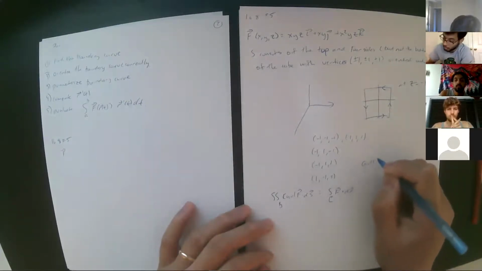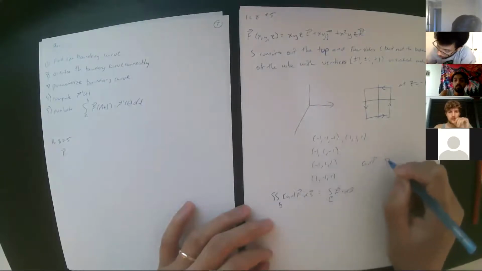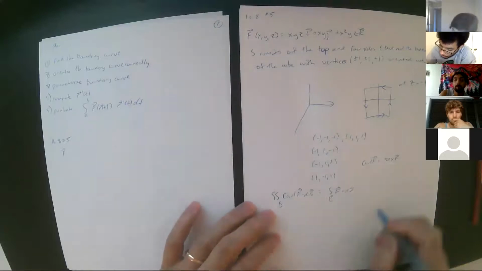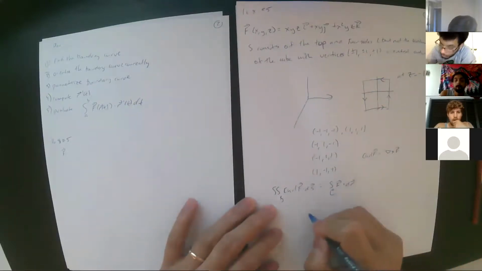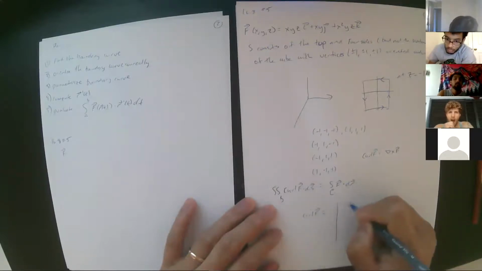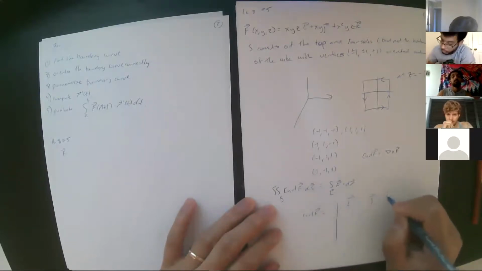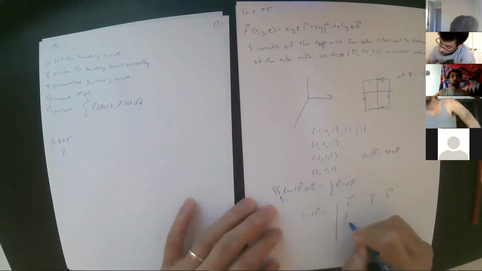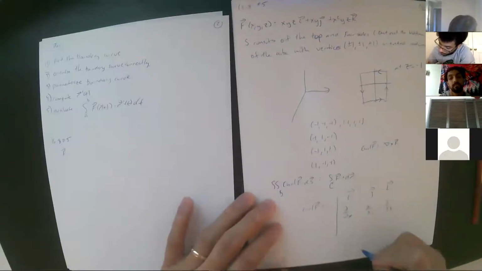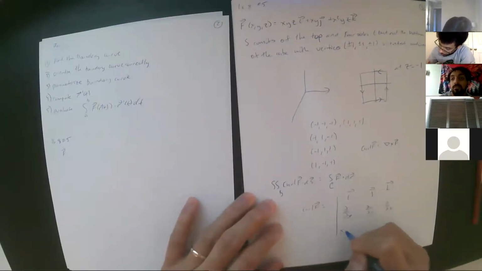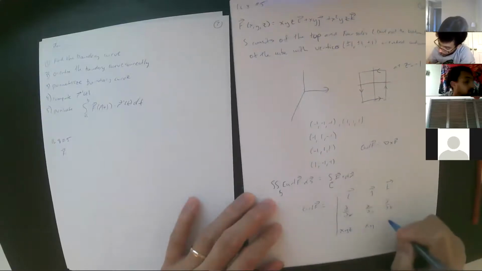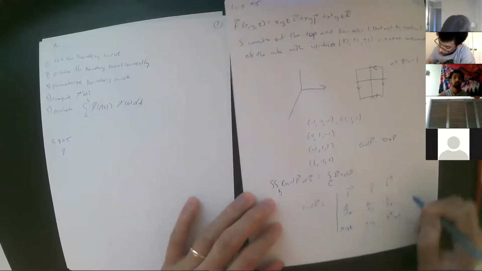It's the cross product. Yes, very good. So the curl of f is i, j, k, d/dx, d/dy, d/dz of xyz, xy, x squared yz.